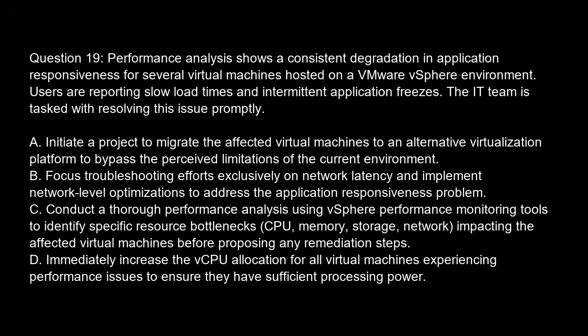Option C. Conduct a thorough performance analysis using vSphere performance monitoring tools to identify specific resource bottlenecks, CPU, memory, storage, network, impacting the affected virtual machines before proposing any remediation steps. Option D. Immediately increase the vCPU allocation for all virtual machines experiencing performance issues to ensure they have sufficient processing power.